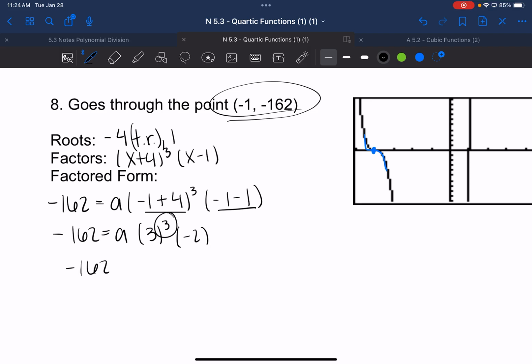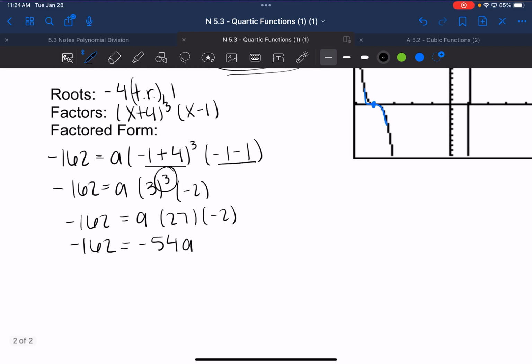Right, so I have -162 equals a times 27 times -2. And now that I've done the exponent, I can multiply, right? So make sure you do the exponent before you multiply the parentheses. All right, and what is 27 times -2? Right? So -54a.